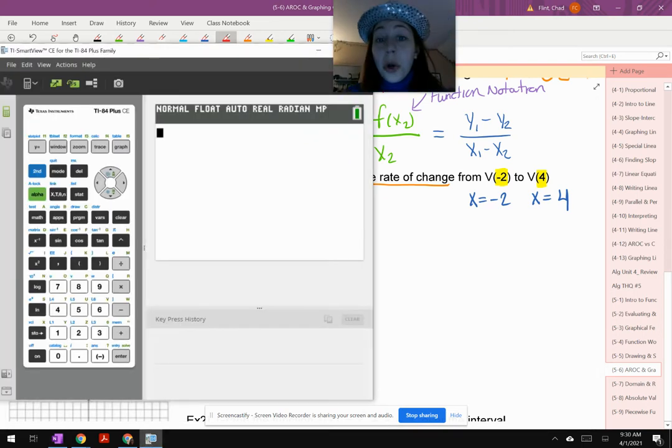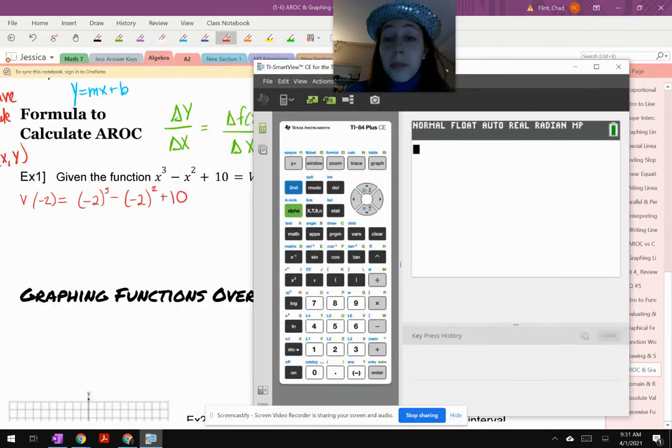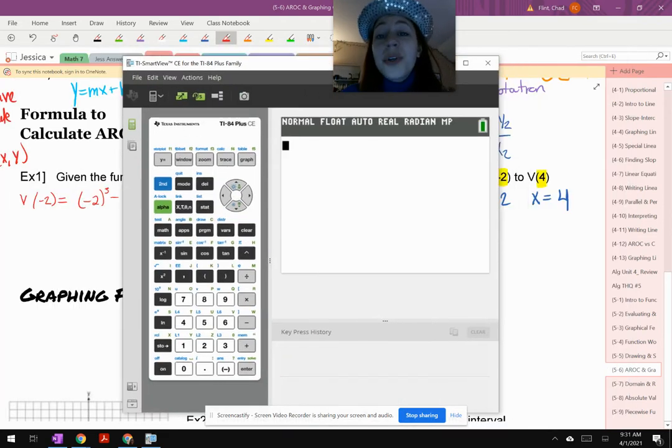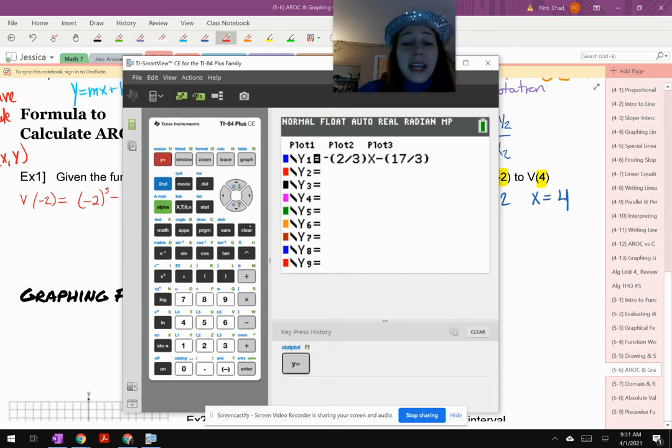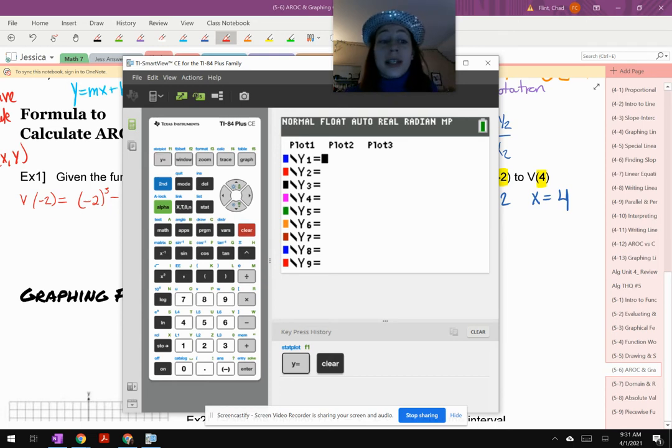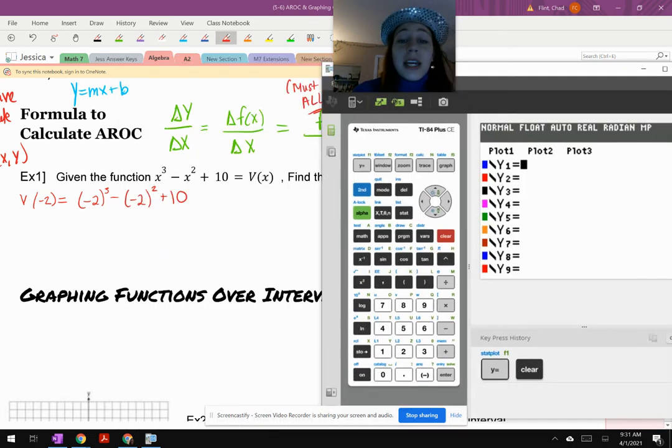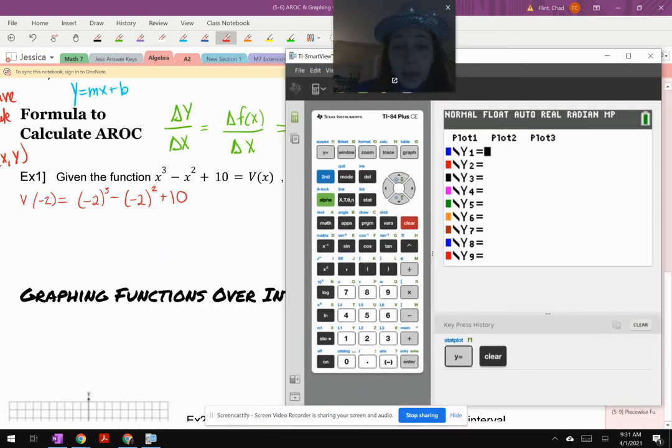Or you could go to your calculator, because remember, ladies and gents, our motto is to work smarter, not harder. So remember, we can get that table of values or that table of points from using this y equals function. So I'm going to plug this function right into y equals.